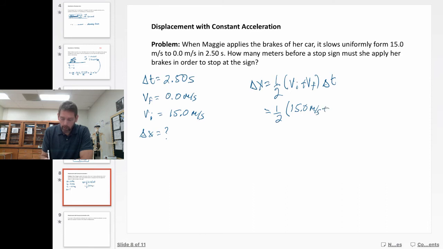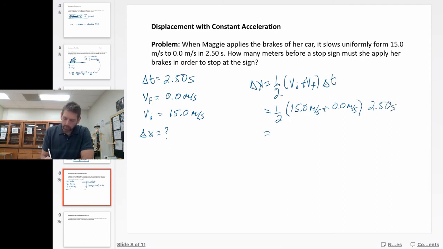Plus the final, which comes to a complete stop, so that has to be 0. And we tend to write 0.0. You do include that. Don't just write 0. Remember, it's a measured value, so there's a decimal to give significance to the measurement, right? And then that's times time, which we see is 2.50 seconds.